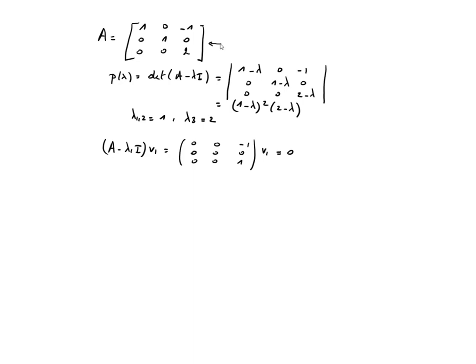So you can see here that the rank of this matrix is 1. Okay, so this matrix has rank 1, and if you look at the course of linear algebra, it means that the dimension of the null space of this matrix must be 2. So we can find 2 independent eigenvectors.